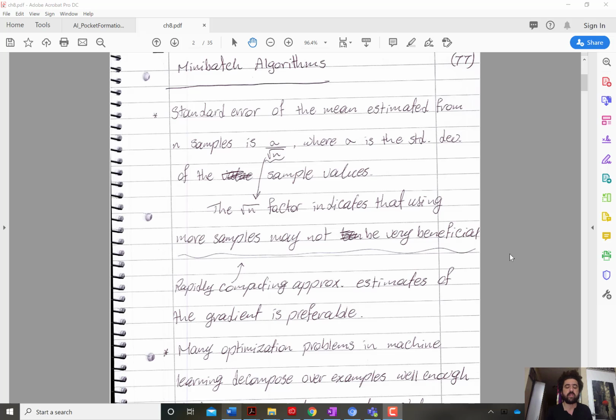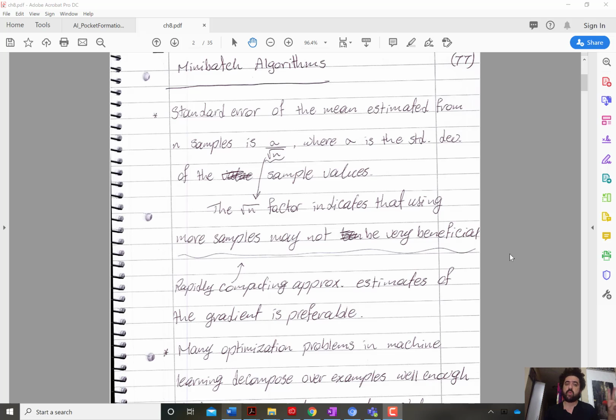Let's say I have 1,000 examples as my training set. I pick 10 out of these 1,000, and then I compute the gradient of the loss with respect only to these 10 examples, and then I compute the parameter update in the direction of the negative gradient, or basically in the direction of minimizing that cost. And then I pick another set of examples and so on, right?